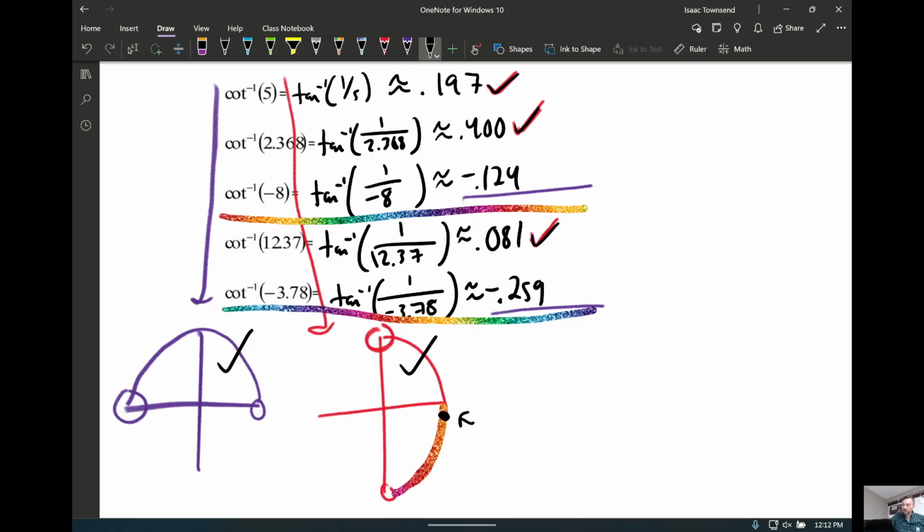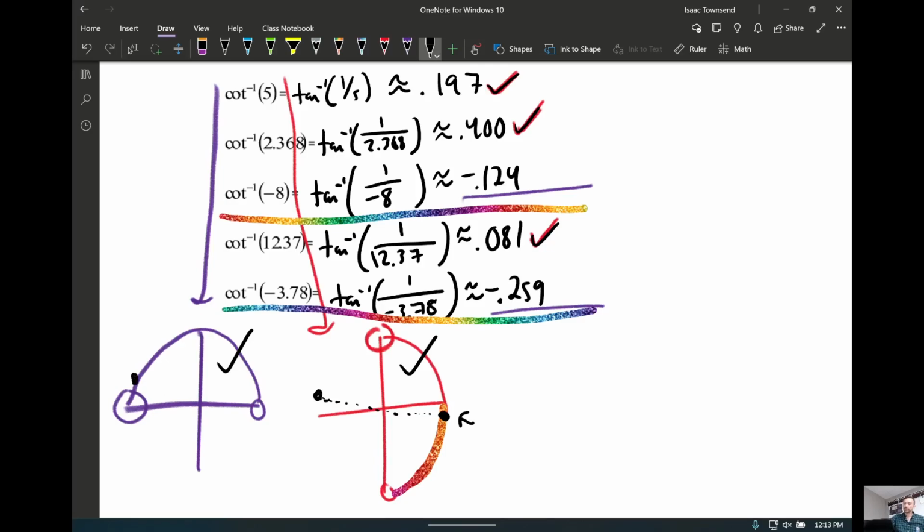So this spot has a tangent of about negative 1/8, or a cotangent of negative 8. So where's another spot on the circle that's going to have that same tangent value and that same cotangent value? It's going to be directly on the other side of the origin. Like this? Yes. Okay, that certainly puts it in quadrant 2.